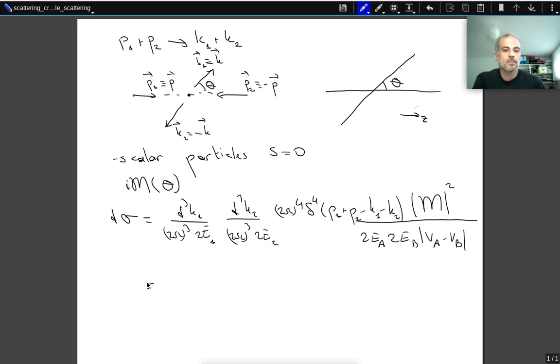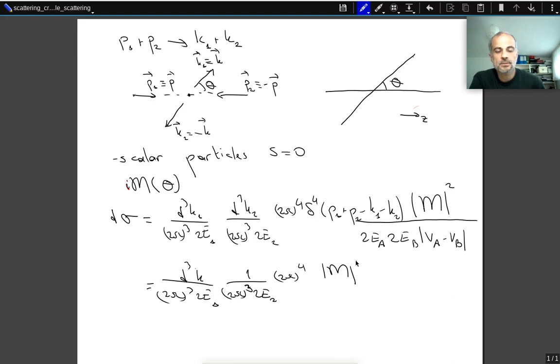So this will become d cubed k1, well, let me just call it k, as I have denoted over here, the three-dimensional k1 vector, I just call it k, divided by 2 pi cubed 2E1, 1 over 2 pi cubed 2E2, and then we have a 2 pi to the 4, invariant matrix element squared divided by 2EA 2EB |vA minus vB|.